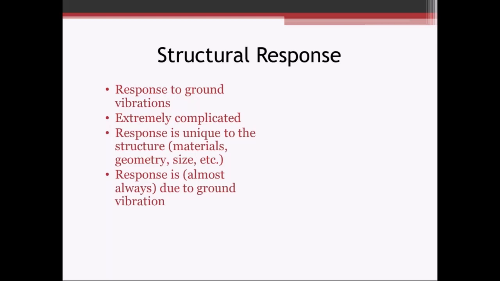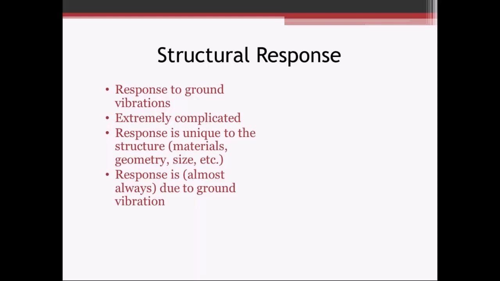based on the materials. Is it a steel frame building, wood frame building, reinforced concrete? Is it a masonry building that may be a little bit more rigid? And those steel frame buildings are a little bit more flexible.